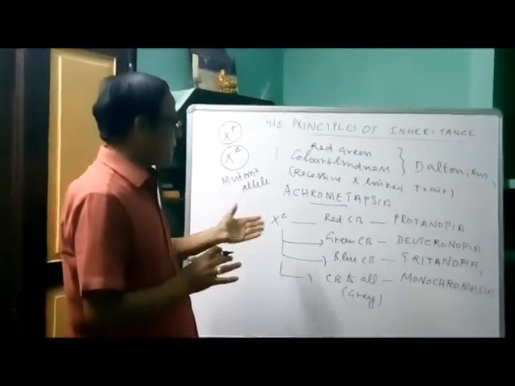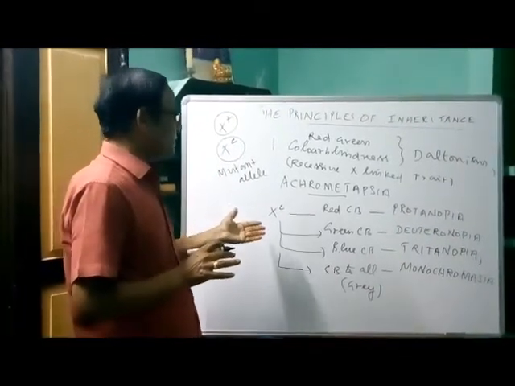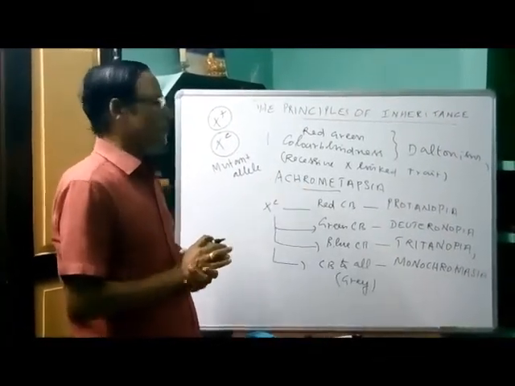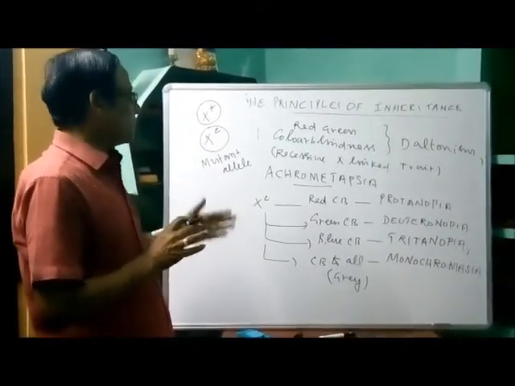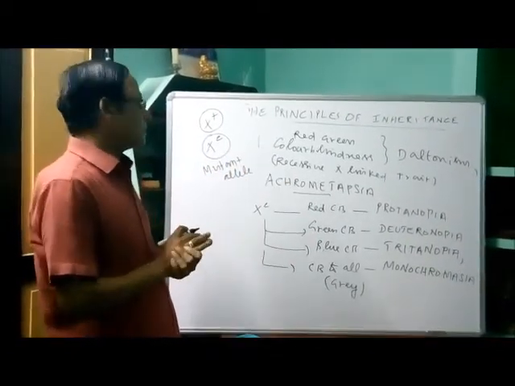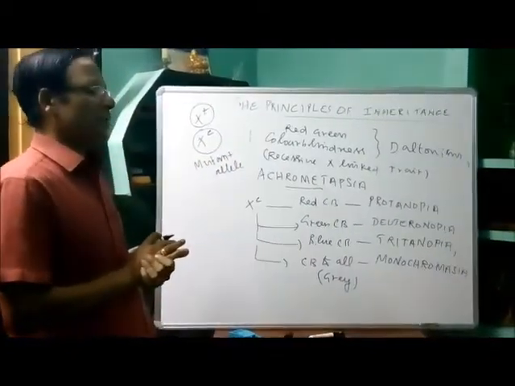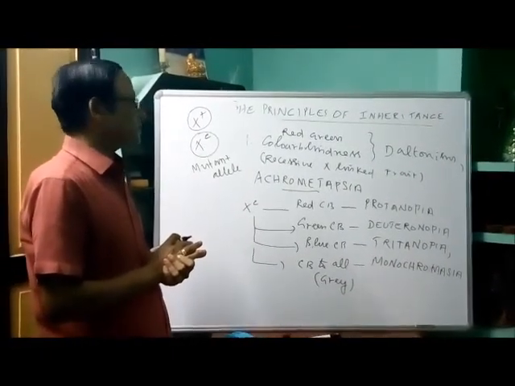The reason is that males are hemizygous, and I will explain later why colorblind females are rare. Now we have to follow how the character is inherited. For that, we have to study two marriages. Now we'll go for marriage number 1 and then marriage number 2.